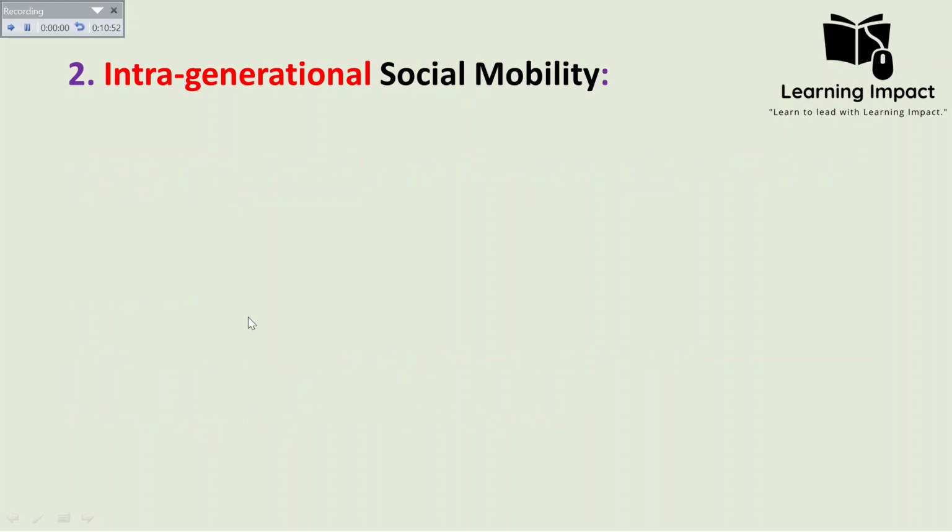Now the second type which we will discuss is intra-generational social mobility. If you give attention to this term, intra means within a single generation. Social mobility is the movement from one condition to another, but if it happens within a single generation, for example, a person who was engaged in a low paying job works hard along with it and moves up in the social stratum by getting a high paid job.